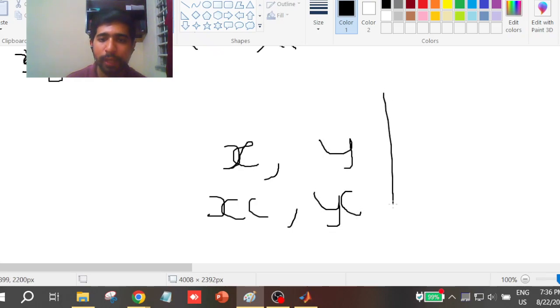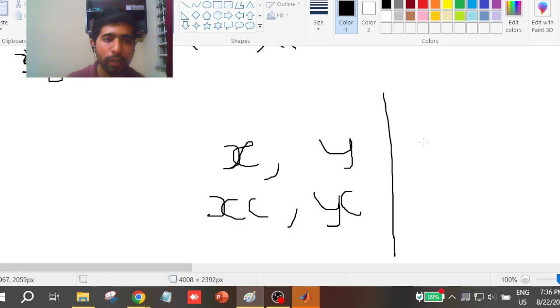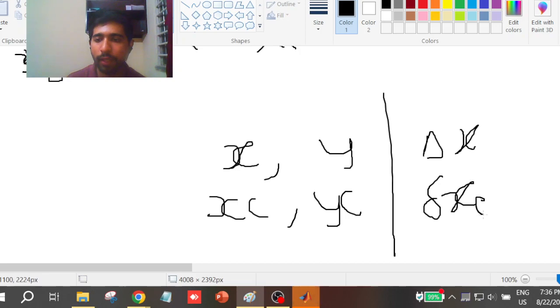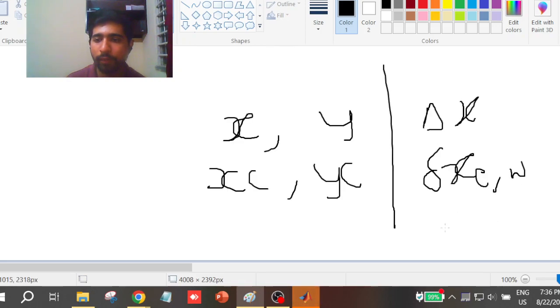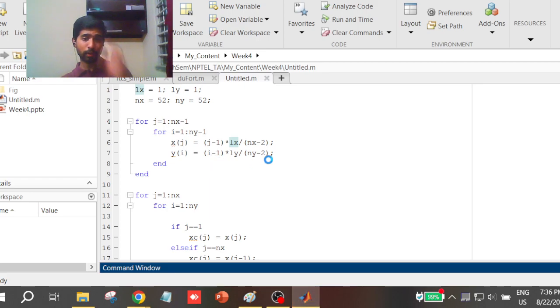Once I calculate x, y, xc, yc, I can calculate the width of this control volume, capital delta X, and then I can define dx e and w, and dy n and s. This is the whole thing which I need. This is just the pre-processing part. This is very important. If I calculate them perfectly, then my code will work perfectly.